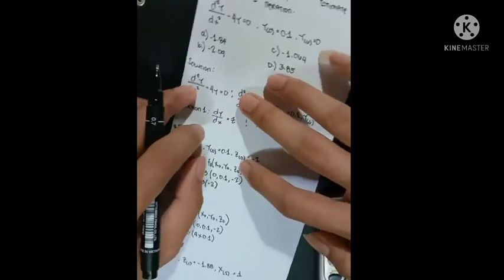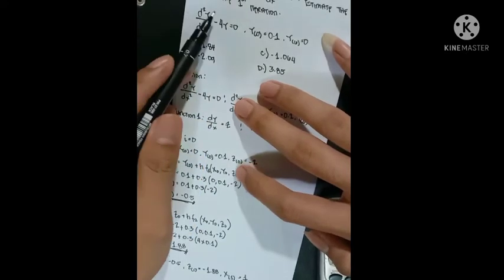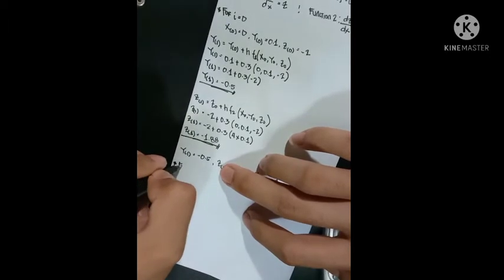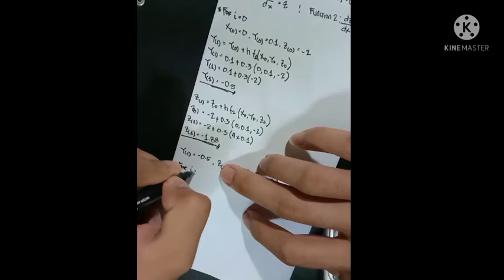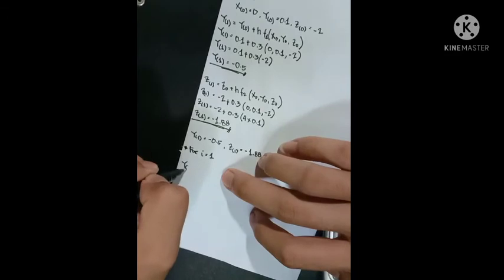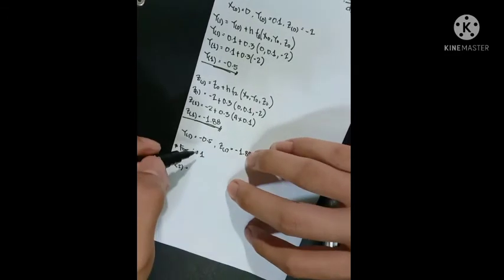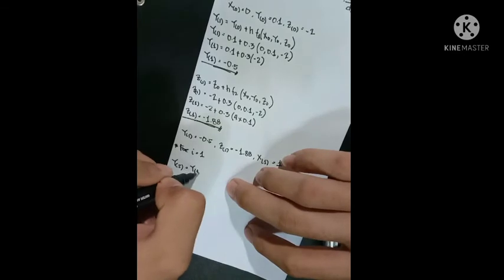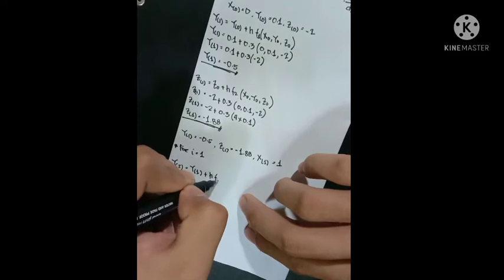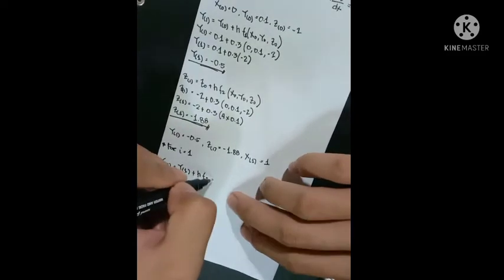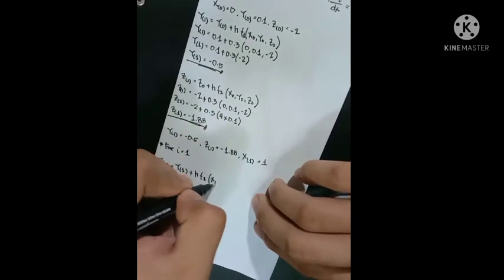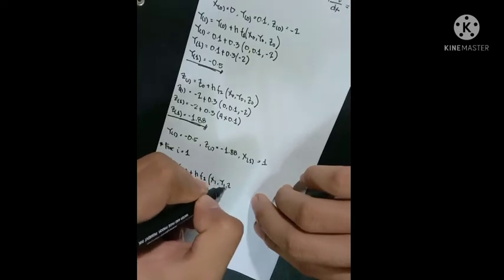Since in this problem we need to find the value of y2 in the first iteration, for iteration 1, our y2 is equal to our y1 plus the step size times the function 1 of x1, y1, and z1.